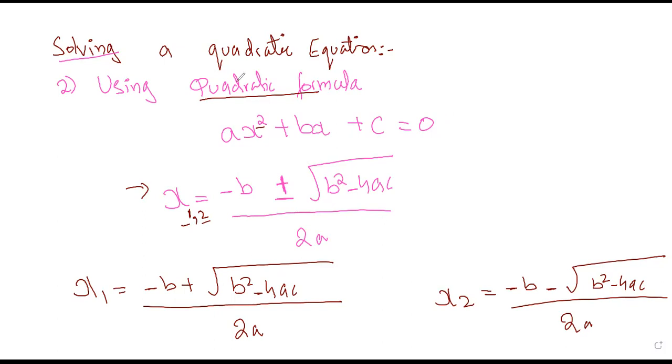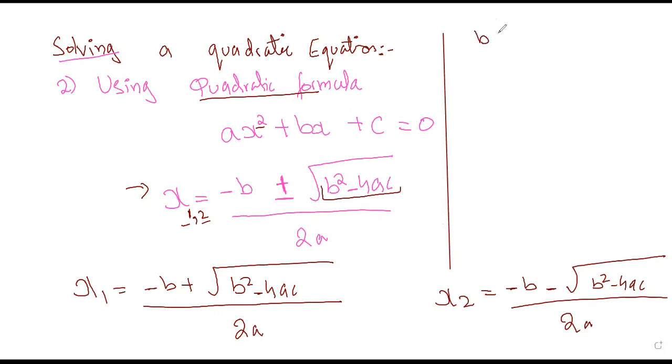So how is that possible? Let's talk about that part over here. There's a very important thing which you need to understand, this part right here. This is the discriminant.